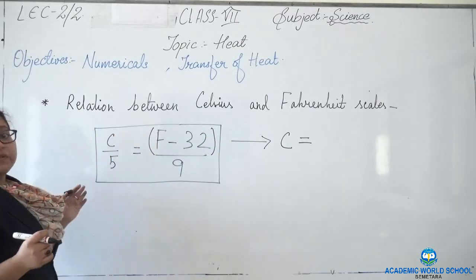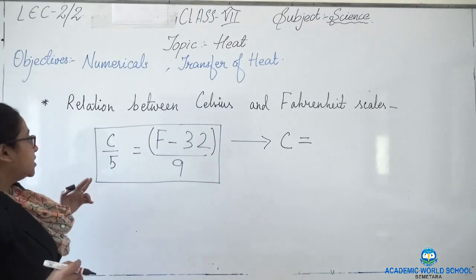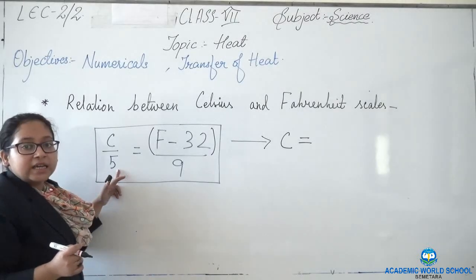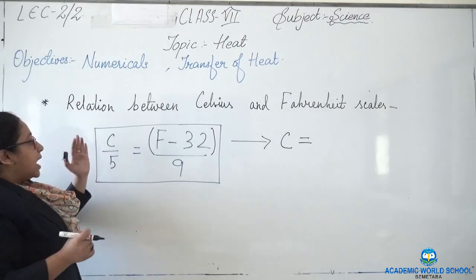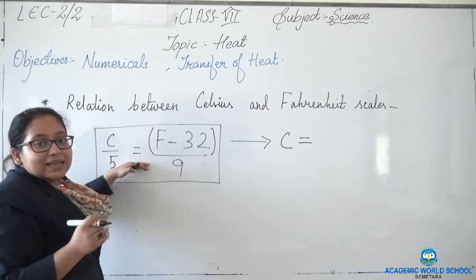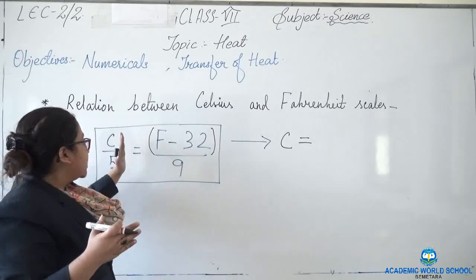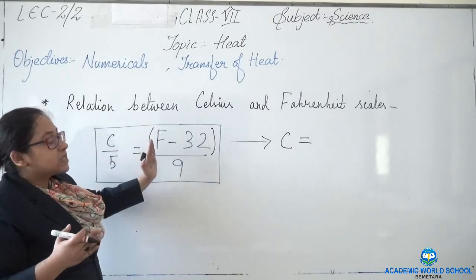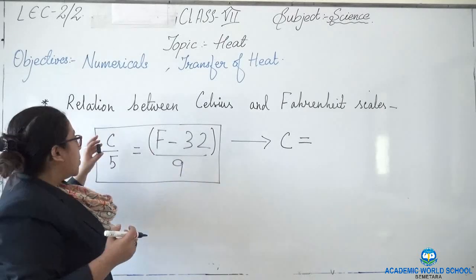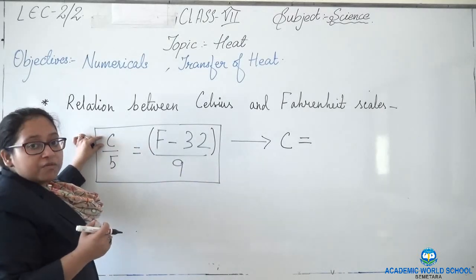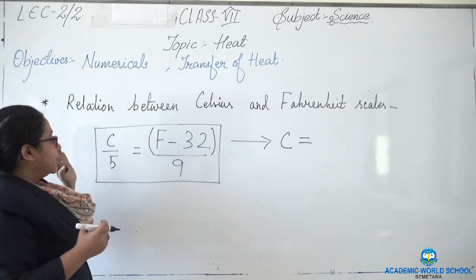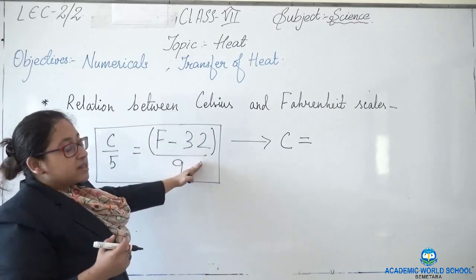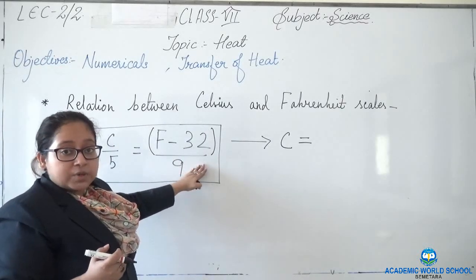You have learned cross multiplication. My F is in the denominator and the equal sign is the wall. This is one side of the wall and this is another side of the wall. When I have to find the value of variable C, I will take all the rest to the opposite side.